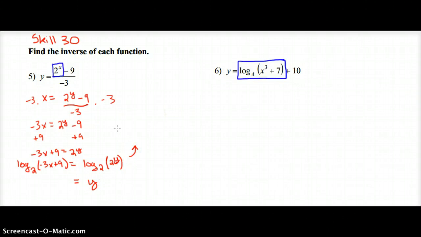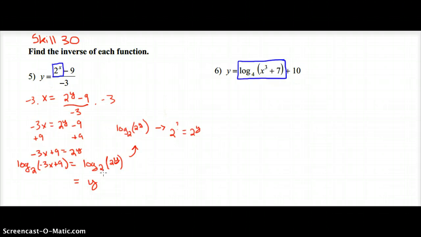If I have the log base 2 of the quantity 2 to the y power, that's asking the question: 2 to what power is going to give me 2 to the y? In that case, the answer has to be y.